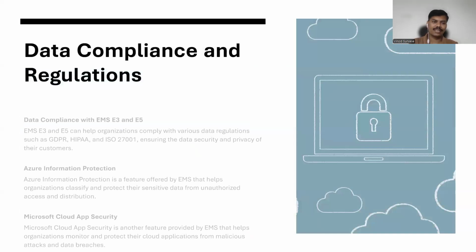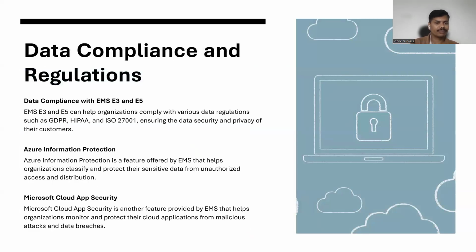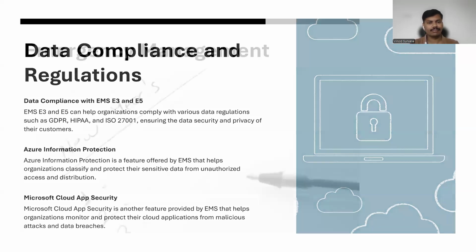The next is data compliance, as we talked about the EMS E3, E5 capabilities, which can help organizations regularize their data and their industry, and they can rely on these capabilities, including Azure Information Protection. They can also leverage the cloud app security capabilities along with the EMS capabilities that protect the cloud applications from malicious attacks and data breaches, right?